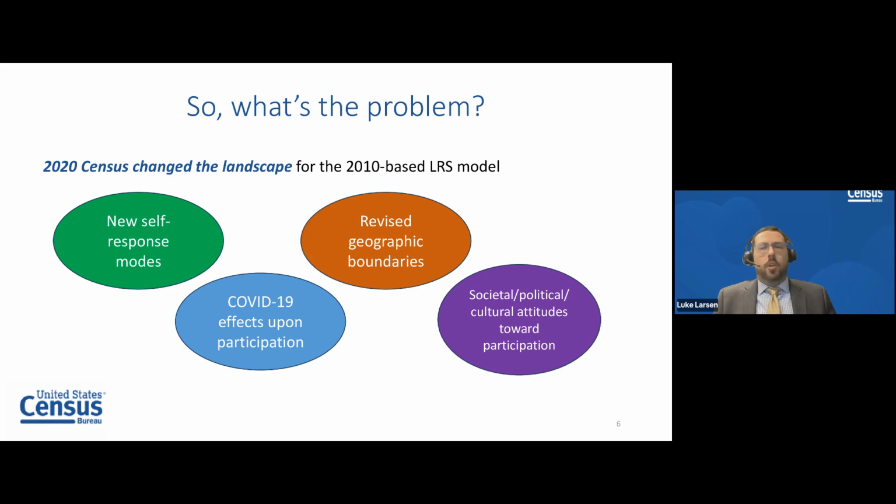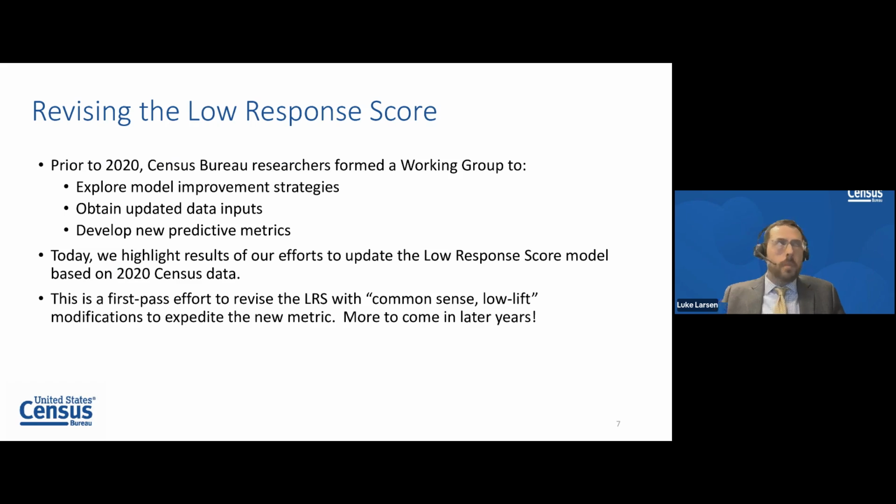And there are also many societal, political, and cultural attitudes shifting around with regards to participation in the census. So many factors leading towards us needing to make a determination on making some modifications to reflect what our current reality of getting people to participate in the census is.